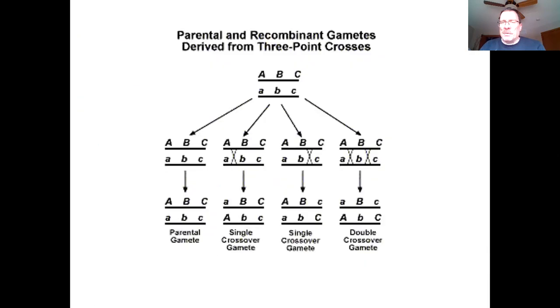So in this case, what we saw in the double crossover was, if you look at the parental phenotype and you look at the double crossover event, you notice a switch.